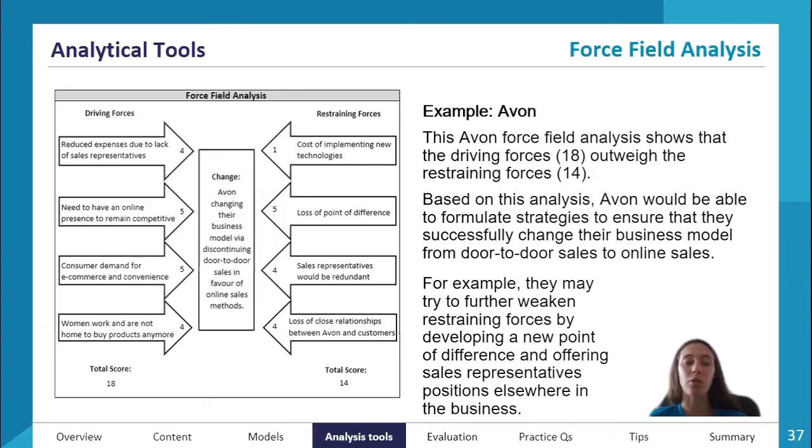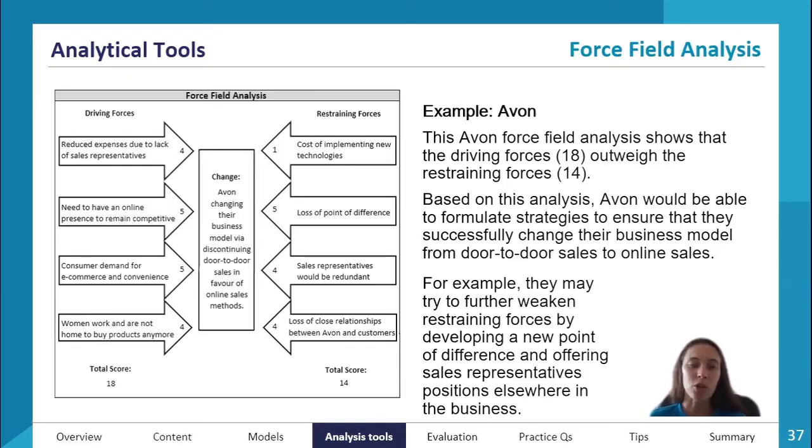So for example, in this, the idea of remaining competitive by having an online presence, we've given that a 5 here to show how important it is. It would be okay to give it a 4 here, but giving that a 1, you really couldn't justify that because competition and what others are doing in the industry is a really, really big factor in the need for this change. So don't stress too much over the nitty-gritty numbers.